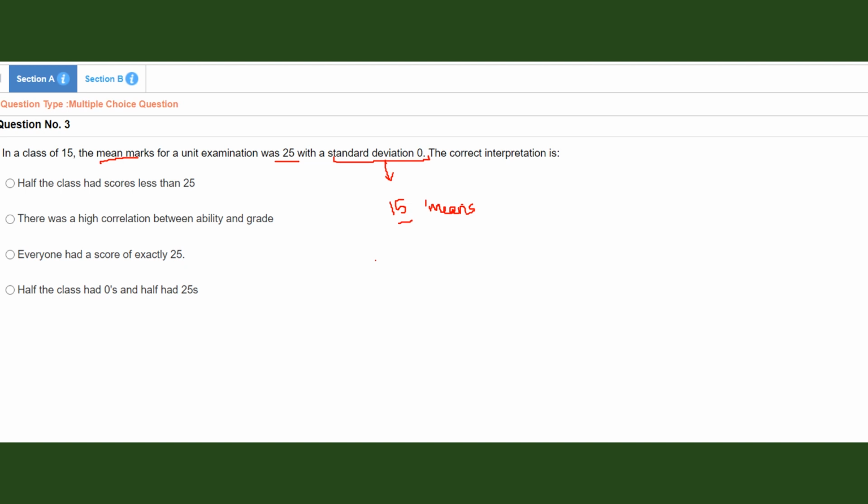It seems it doesn't deviate at all, the value is 0. That means all of them must have the same marks, otherwise it would have deviated by at least something. Since it is 0, everybody had a score of exactly 25. So the answer will be option number C.